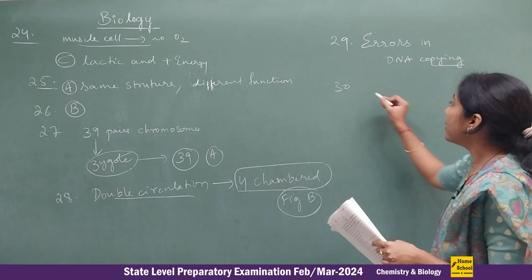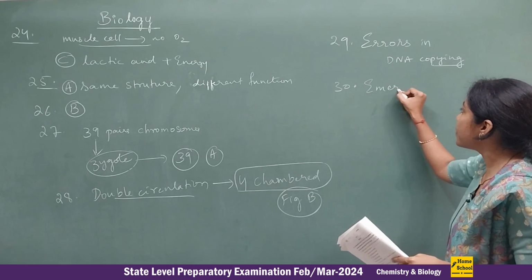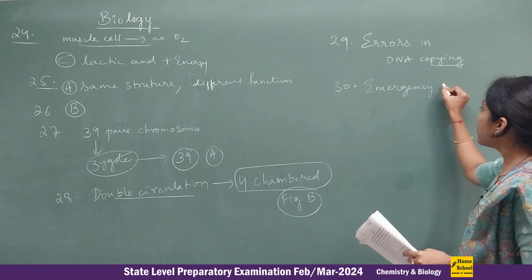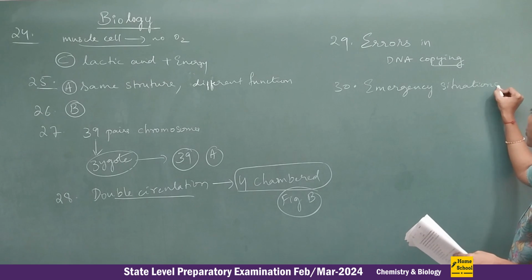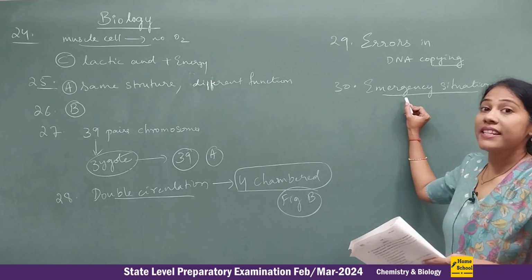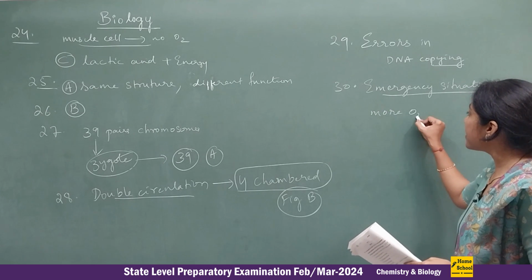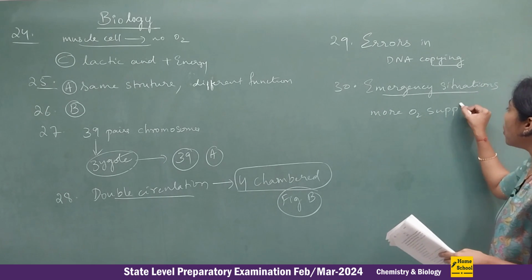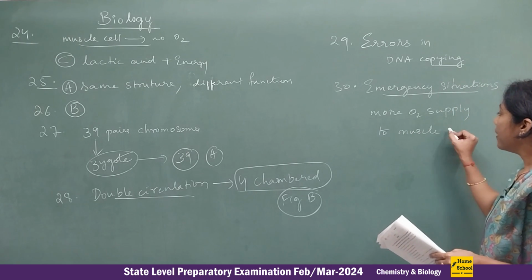Adrenaline hormone, okay, so it will take care of emergency situations. During emergency situations, adrenaline is released into the blood so that more oxygen is supplied to muscle cells.